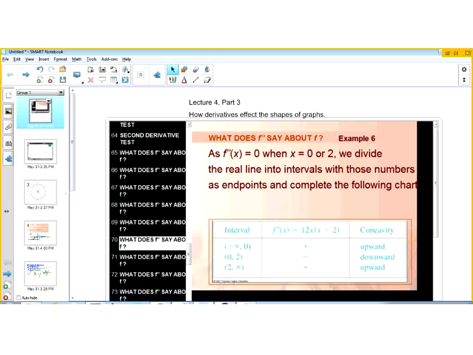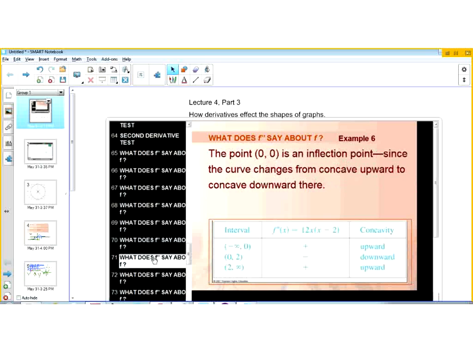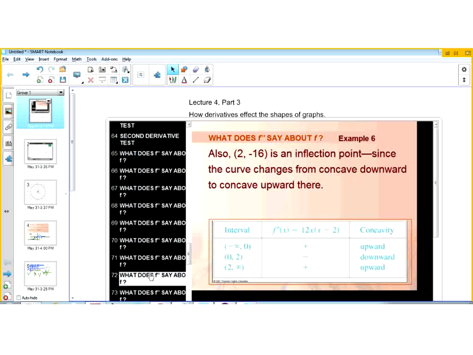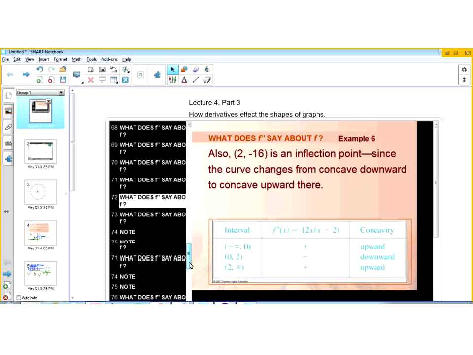This is essentially a table of signs of the second derivative, and we look for changes in the sign of the second derivative. So 0, 0 is an inflection point, and I would suspect that 2, -16 is an inflection point as well. That's how you find inflection points.